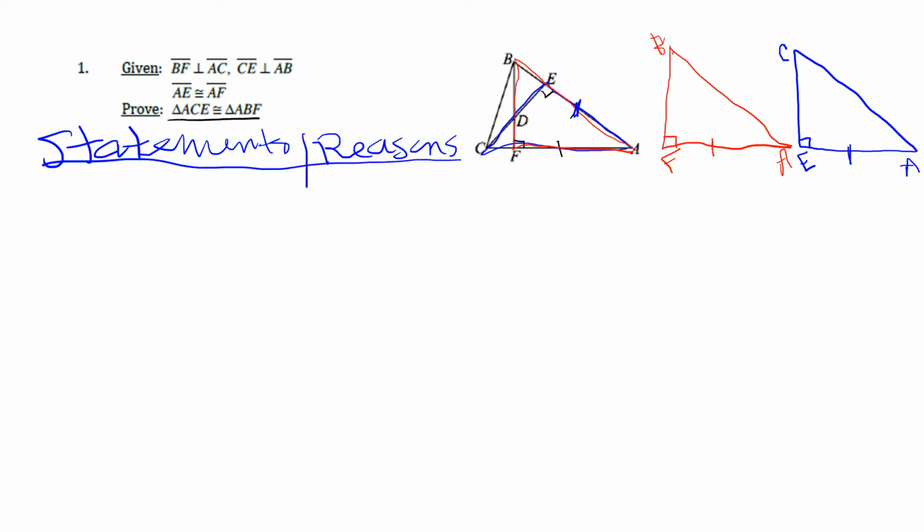All right, so you jot down your givens. And from perpendicular, we have to say that we have right angles and that they are congruent right angles. So you're going to list the givens, fill this in. You know how to do that.